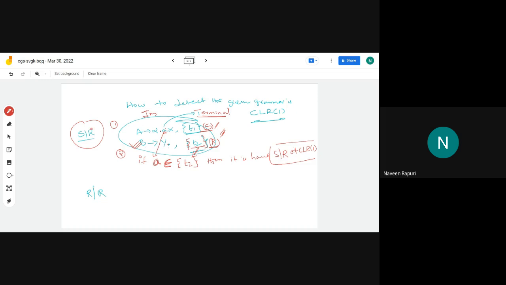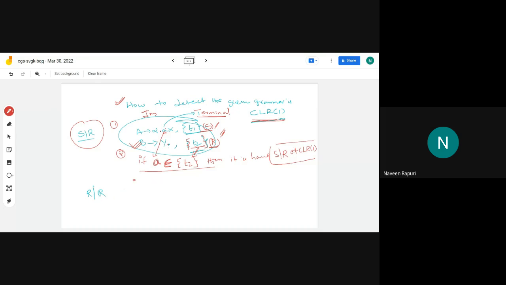We are discussing how to detect whether the given grammar is a CLR1 grammar or not. Suppose there is a shift reduce conflict and it is also satisfying this property, then we can say that it is not the CLR1 grammar. Otherwise, that is a CLR1 grammar.